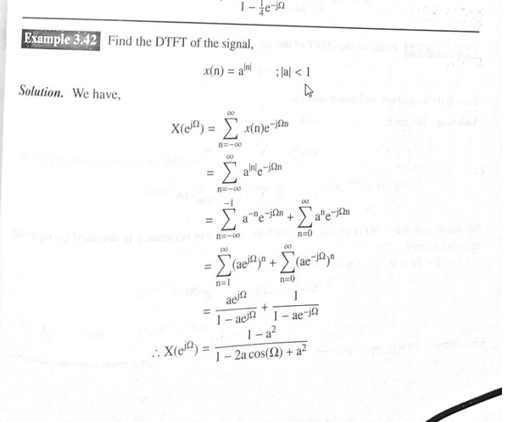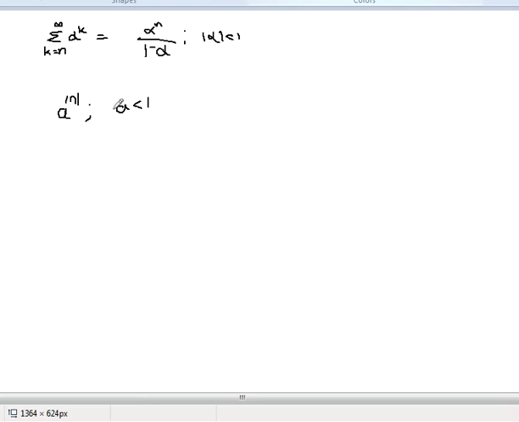Now we are well aware of the nature of this magnitude of n. This is the range wherein n is greater than 0, and this is the range where n is less than 0.